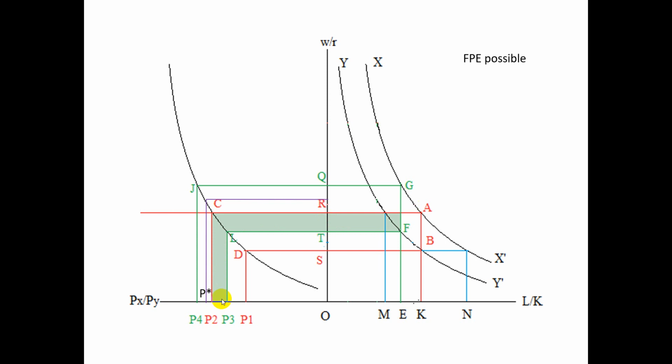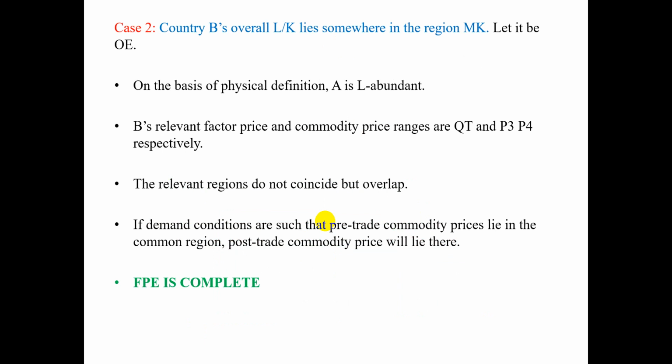So if there is free trade, then the commodity prices will be equalized and accordingly the factor price will also be equalized. So there will be a tendency for the factor price equalization theorem to be possible.